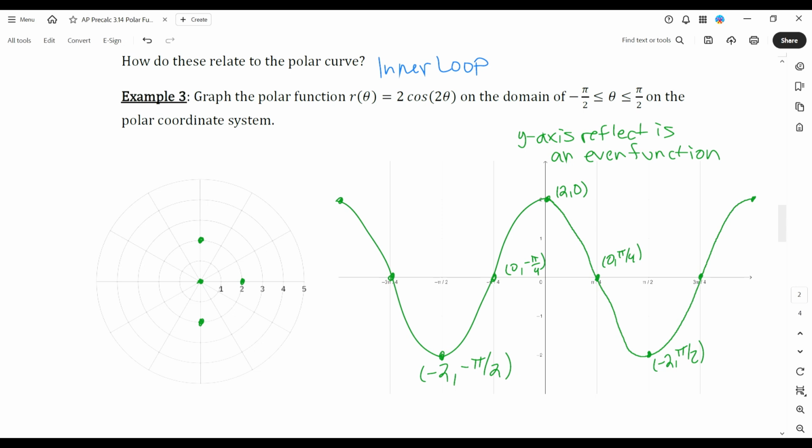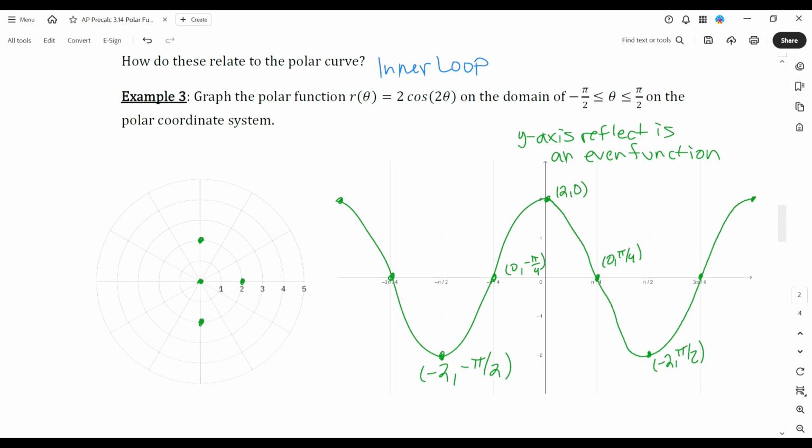Now, here is why maybe a table could be an advantage. There is some more information that I could use to find a few more points.